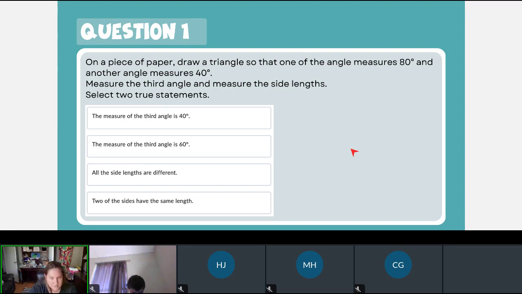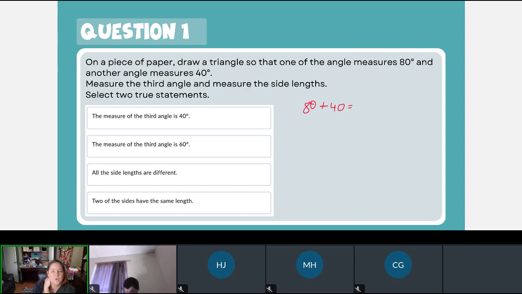So y'all tell me in the chat box, what do all 3 angles of a triangle add up to be? Does anybody remember? Very good, Skylar. They all add up to 180. Good, Ella. So on your paper, we're going to use the 2 angles that we already have, 80 plus 40. What is 80 plus 40?